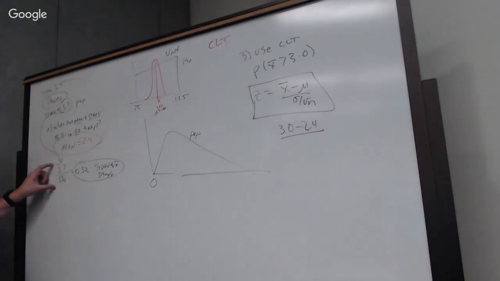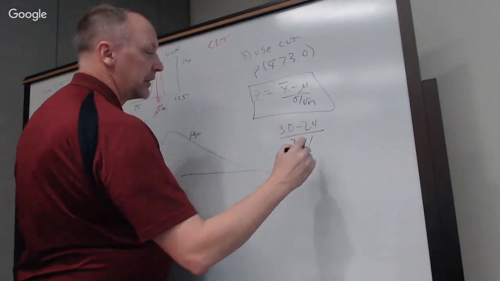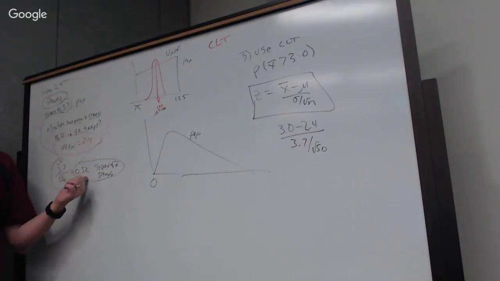Well, you could write it that way, but it's this whole thing, 3.7 divided by the square root of 50. There are probably more decimals than just 2 decimals. If you want to be more accurate, especially if you're using the computer, don't round to 0.52, let it use all the decimals. Does that make sense?